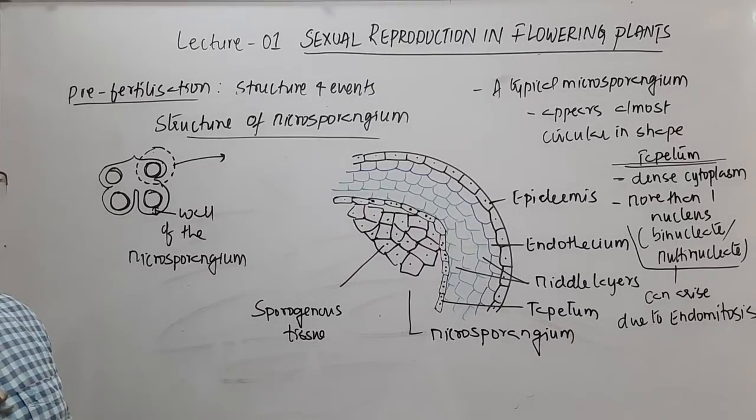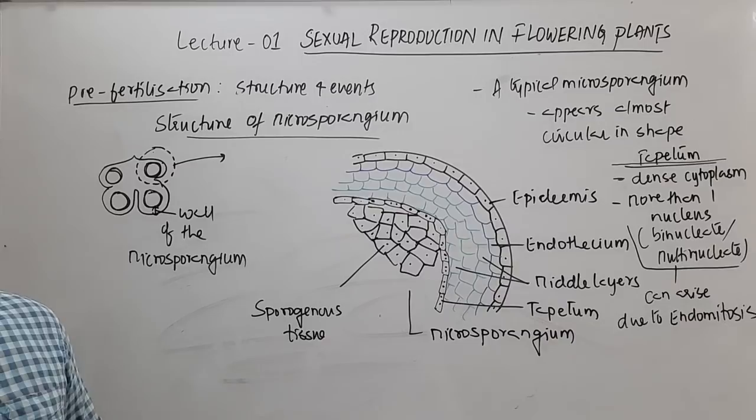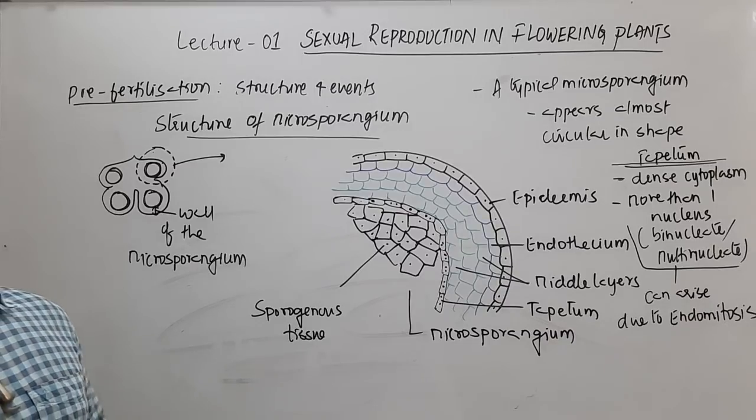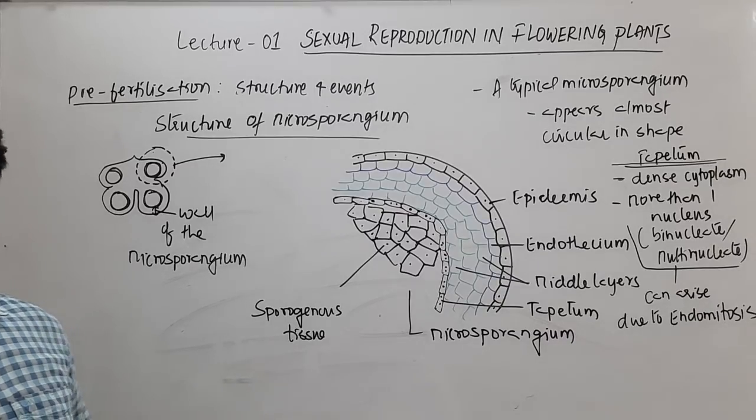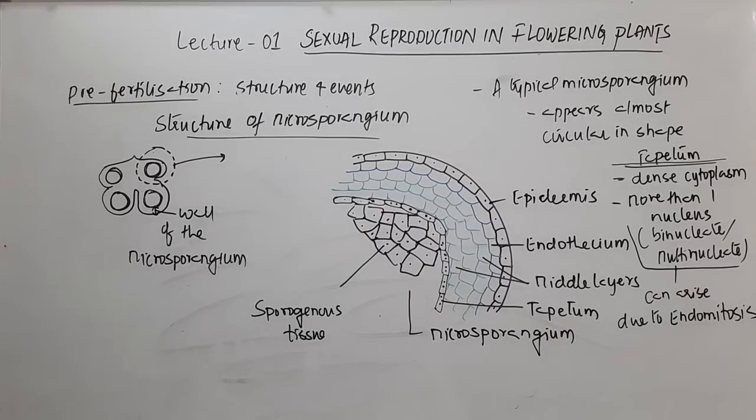That is because of endomitosis, where karyokinesis is not followed by cytokinesis, so the binucleate or multinucleate condition arises in the tapetal cells.